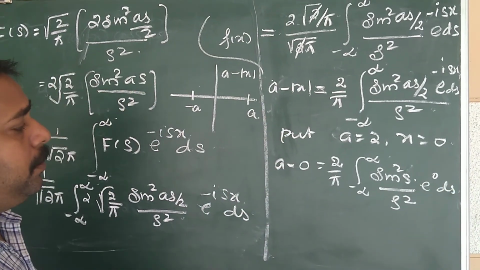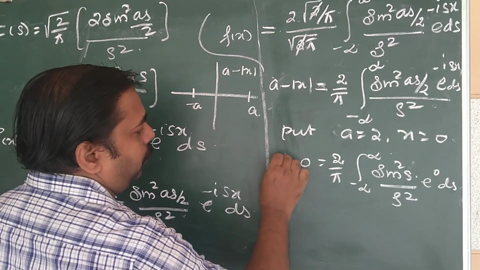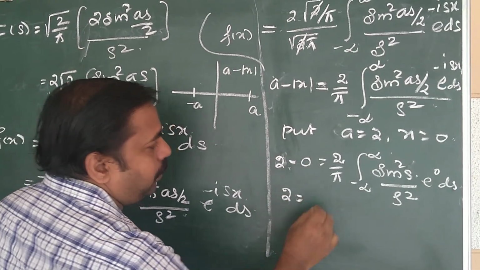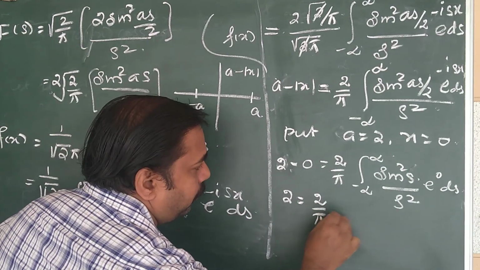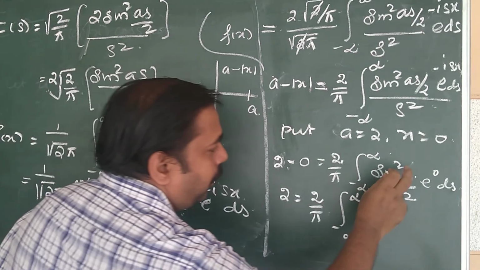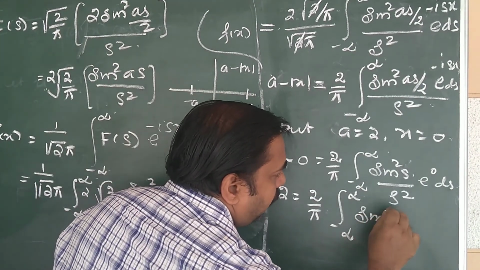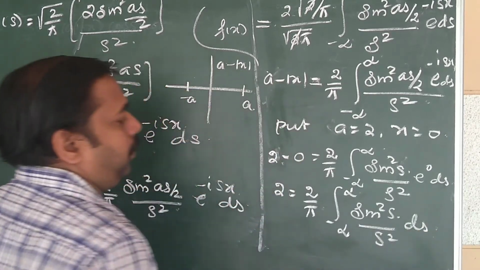But a is equal to 2, correct? So 2 is equal to 2 by pi integral minus infinity to infinity sin square s by s square ds.